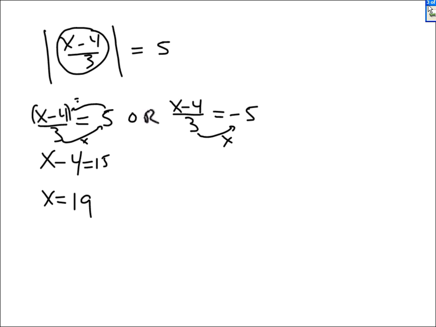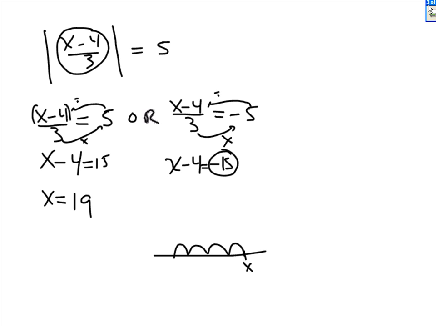3 times negative 5 equals the numerator. 3 times negative 5 is negative 15. Some number take away 4 is negative 15. You can do it. Here's some number. You take away 4: 1, 2, 3, 4, and you get negative 15. Now, you have to know that zero's here.